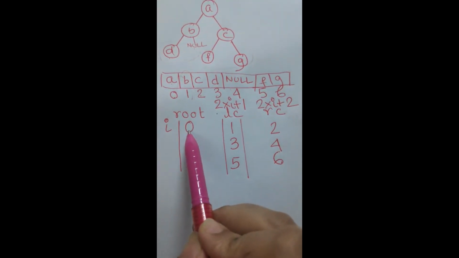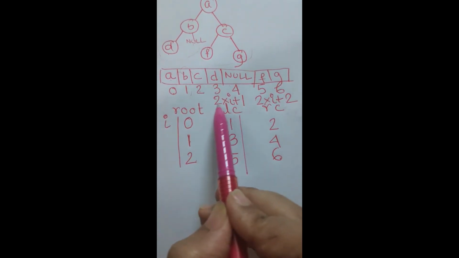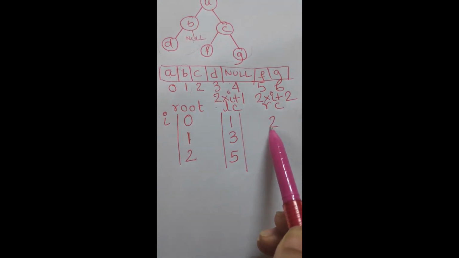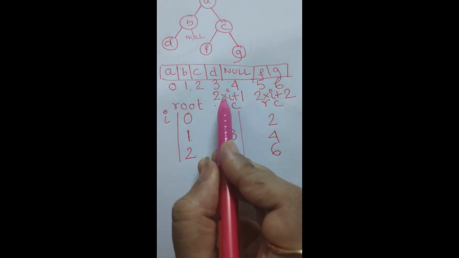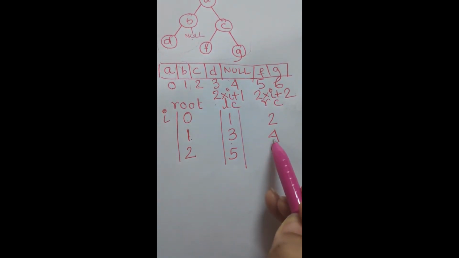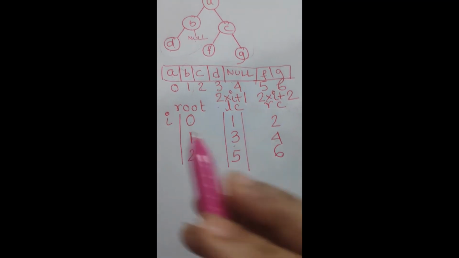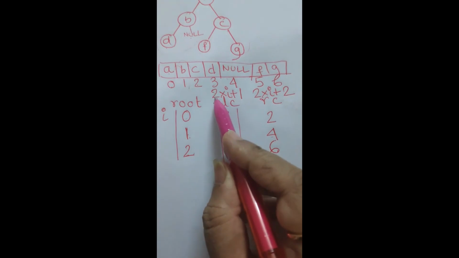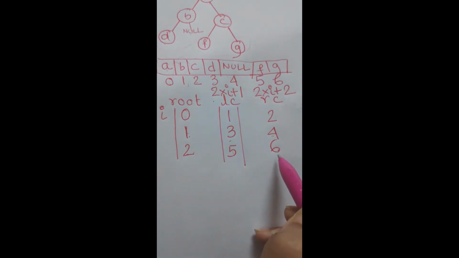You see, this is 0, I value is 0. 2 into 0 plus 1 is 1, 2 into 0 plus 2 is 2. This I value is 1. 2 into 1 plus 1 is 3, 2 into 1 plus 2 is 4. This I value is 2. Over here, 2 into 2 plus 1 is 5, 2 into 2 plus 2 is 6.